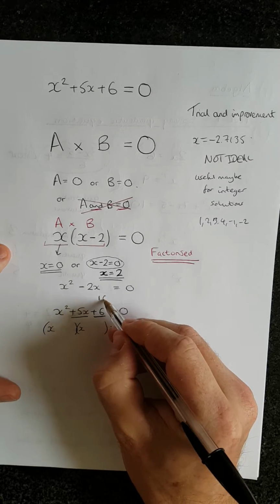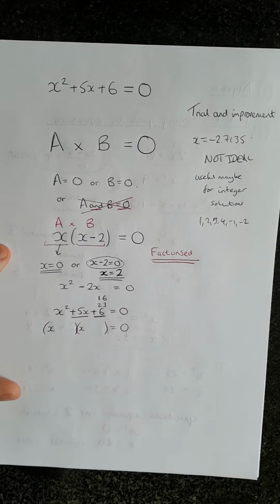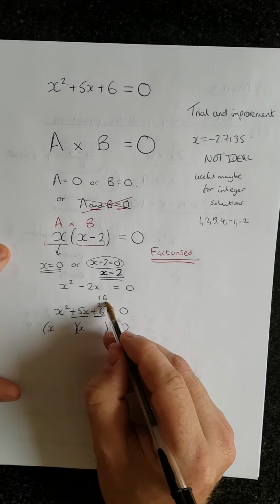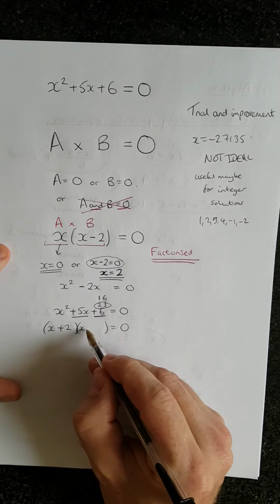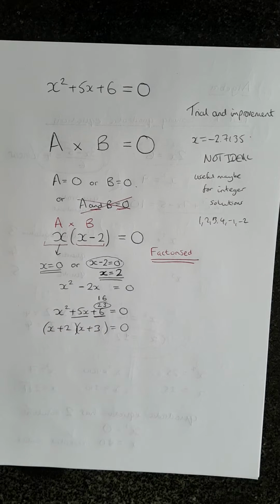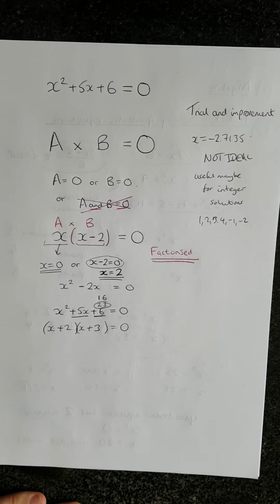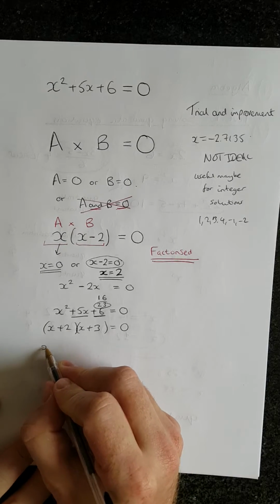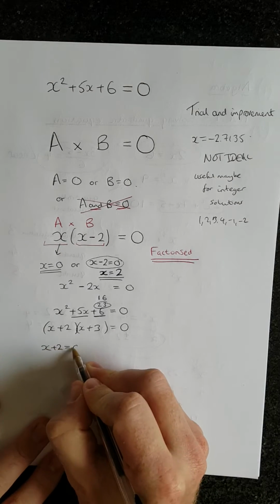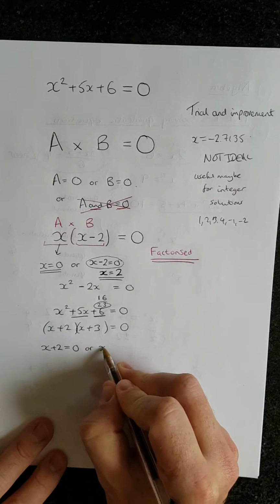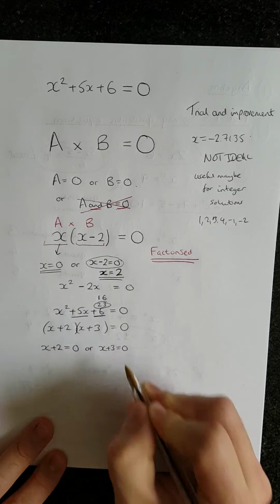So my pairs are 1 and 6 or 2 and 3. Aha! 2 and 3. So either this is 0 or this is 0.